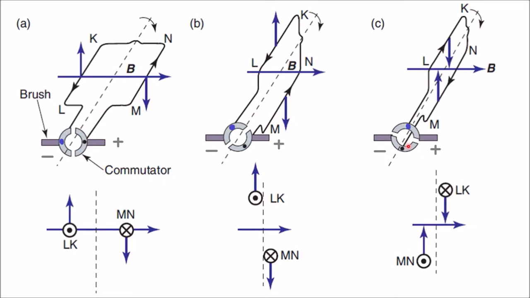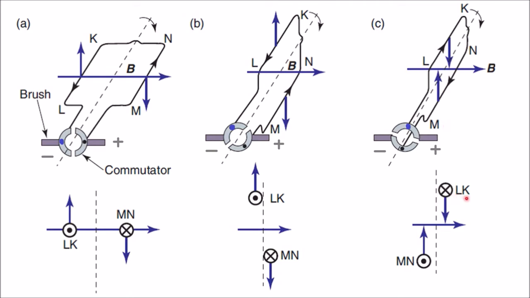So my palm is pushing down, it's going down. By having LK reverse the direction of its current, I've essentially allowed the motor to continue its same direction of rotation.